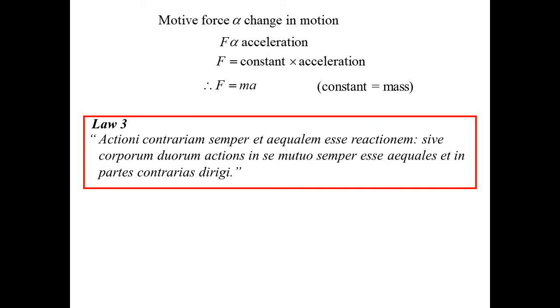Change in motion would be acceleration, which means it must be some constant times acceleration, and that constant, very conveniently, is mass. And we get that famous equation, force equals mass times acceleration. That's our second law.